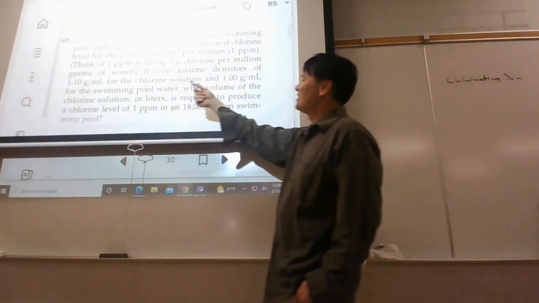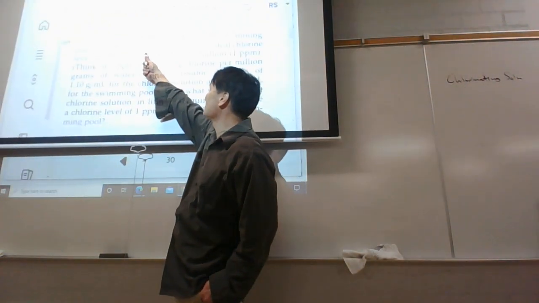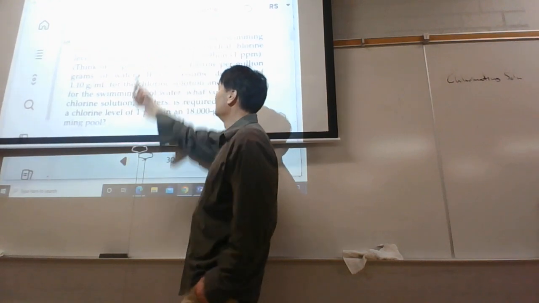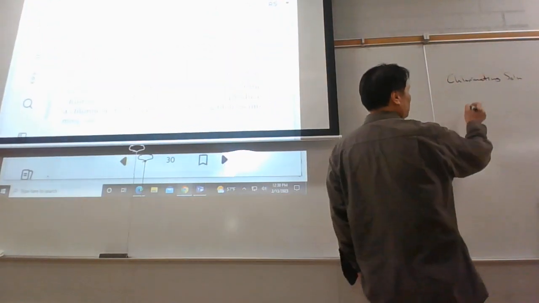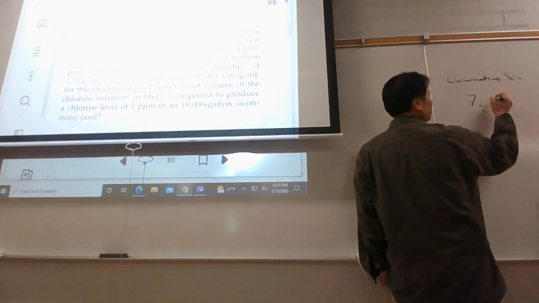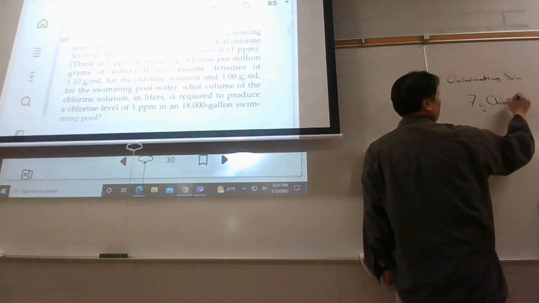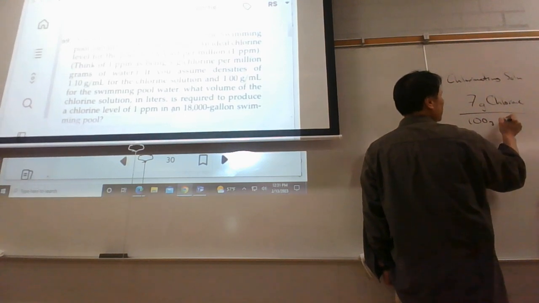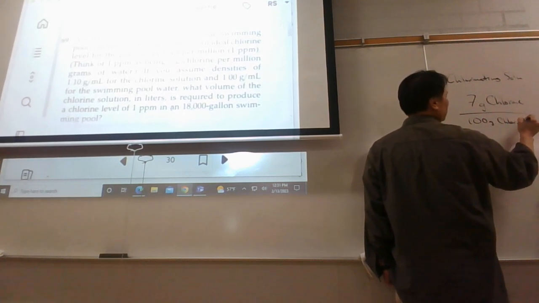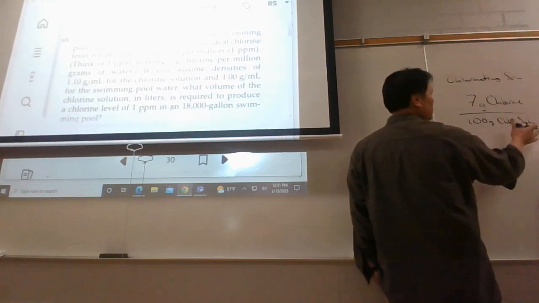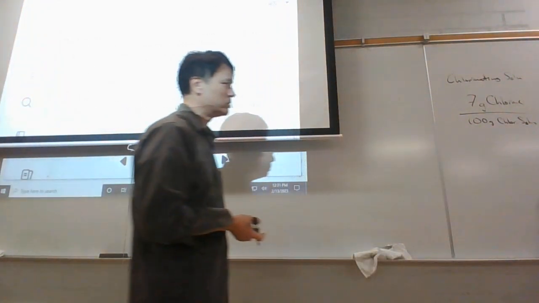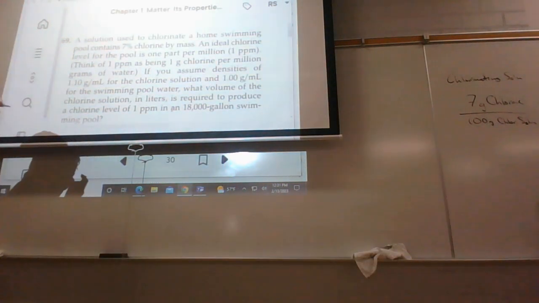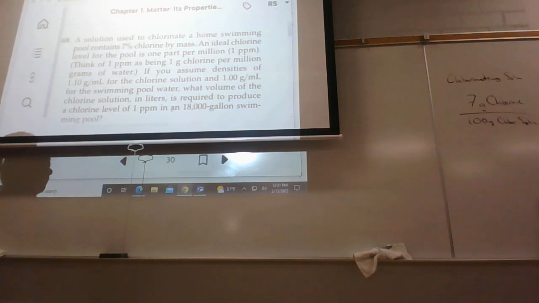Well, we know that this solution is a mixture that contains 7% chlorine by mass. And so 7% means 7 parts per 100. So 7 grams of chlorine per 100 grams of chlorine solution, or chlorinating solution, which is a mixture. All solutions are mixtures. Solutions are homogeneous mixtures. And so this would be the first conversion factor that we get from this.